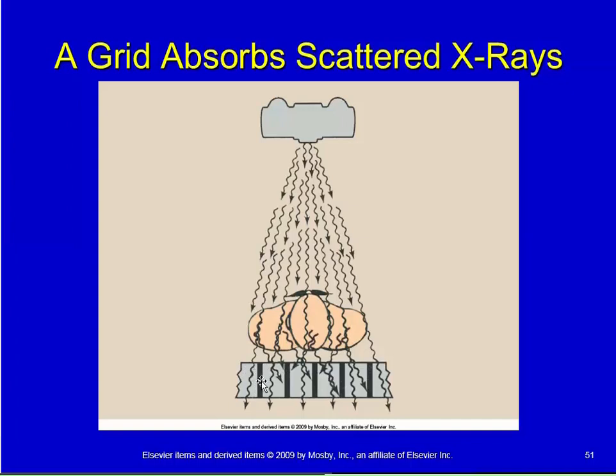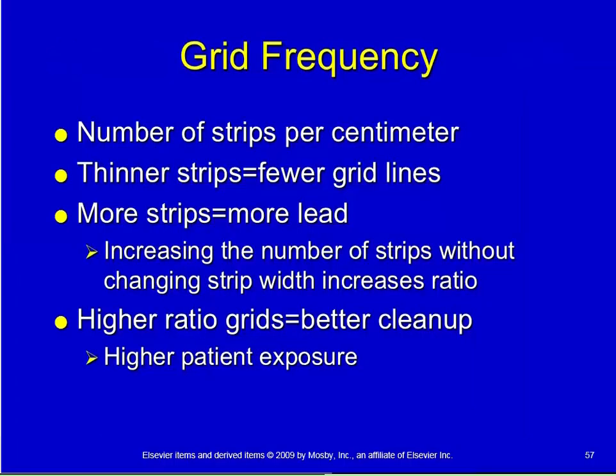Because the grid strips are thinner, they don't stand out quite as much, and as a result, you wind up with a cleaner looking image without the grid lines. So with thinner strips, you have fewer grid lines, or the grid lines are less obvious.